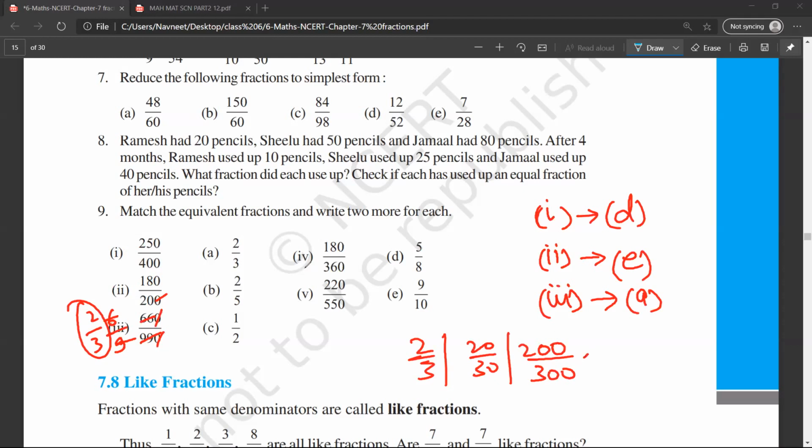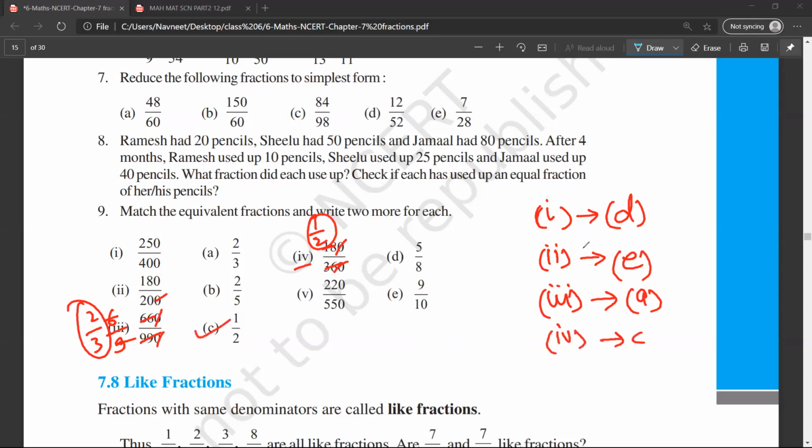Fourth, this is equal to 1 by 2. So, fourth gets matched with C. And half I can write as 10 by 20 or 100 by 200.